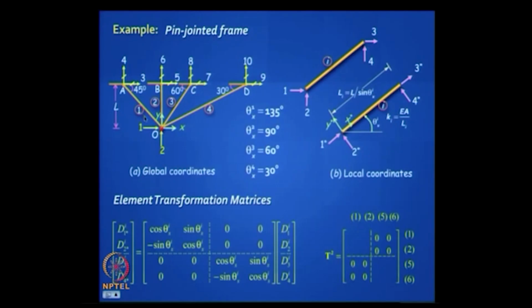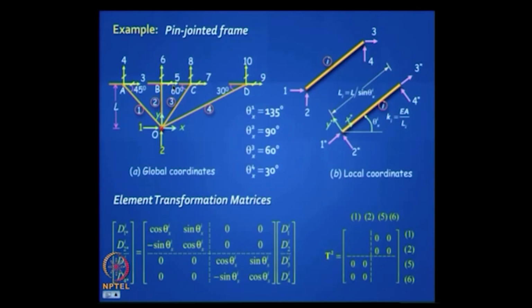So if you take, for example, this element 2, we want to fill here and here, but we can straight away mark the linking of what? Global coordinates. See, we have identified this element is 1 2 and it is matching with this 1 2 and this is 3 4, but for the global coordinates this is not 3 4, this is 5 6.